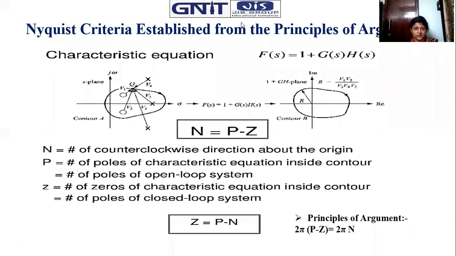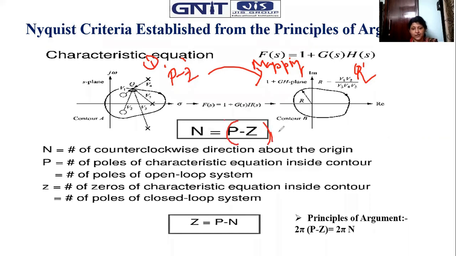If the number of poles is P and the number of zeros is Z, taking 2 pi as common, the poles provide a positive angle, 2 pi P in total, and each zero gives a negative angle of 2 pi, so we get 2 pi Z as the angle contributed by the zeros.